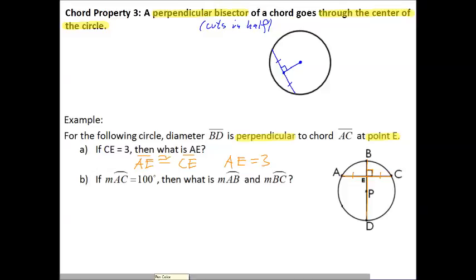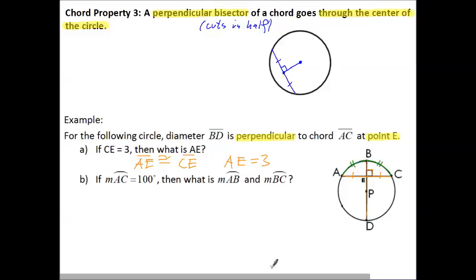Part B, if the measure of arc AC is 100 degrees, then what is the measure of arc AB and arc BC? Arc AC measures 100 degrees, and arc AC, which is created by chord AC, is bisected by our diameter the same way that the actual chord is bisected, which makes this piece congruent to this piece.